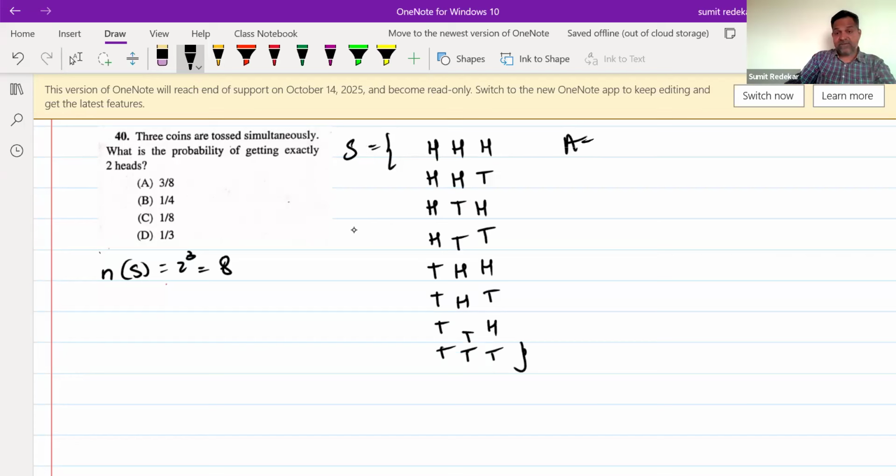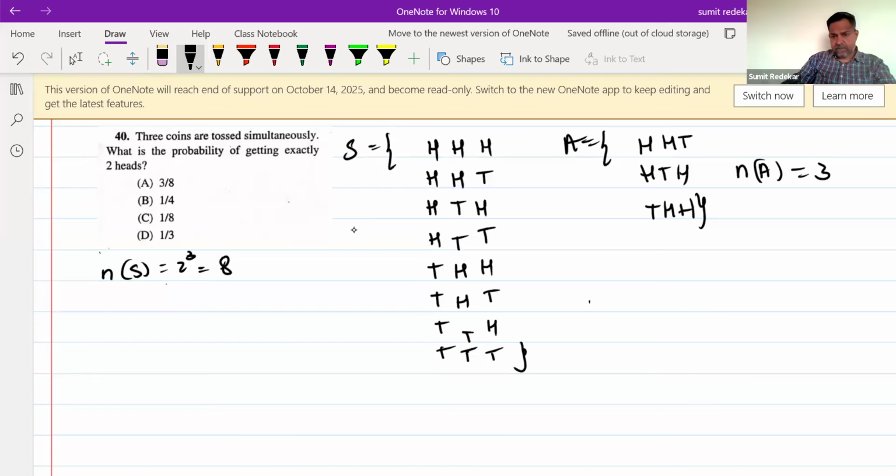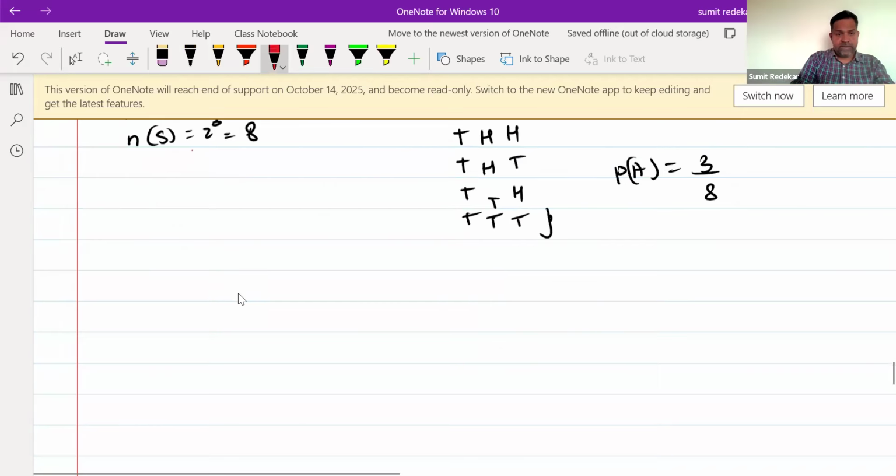You want exactly 2 heads: head head tail, head tail head, and tail head head. So if your sample space is 8 and A has 3 outcomes, the probability of A is 3 out of 8. So the answer according to me should be A, that is 3 out of 8.